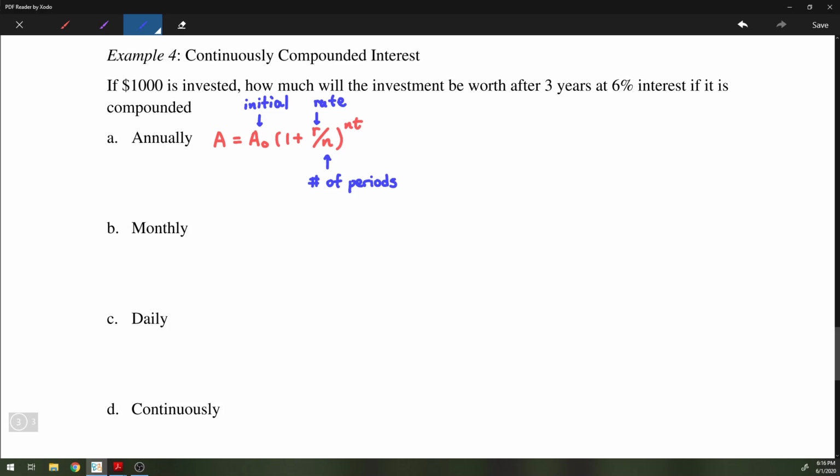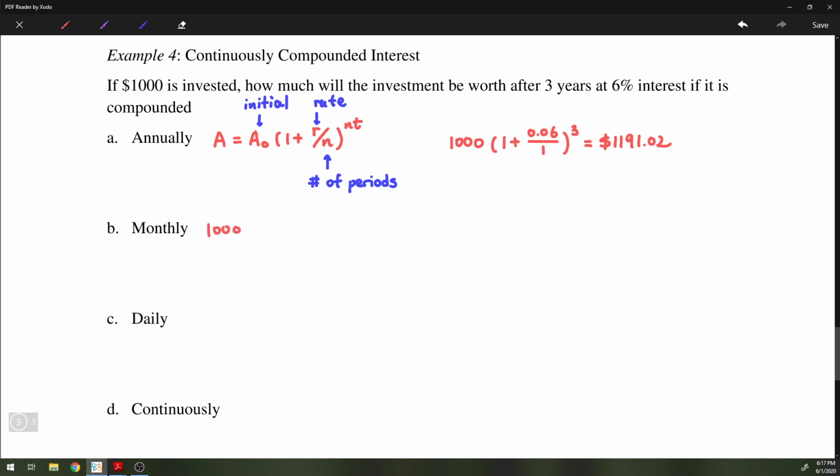Okay, so if we're looking at $1,000 being invested for 3 years at 6%, and it's compounded annually, we simply substitute in: A equals 1,000 times 1 plus 0.06 divided by, in this case, 1, because it's annual interest, and then to the third power. That will give us $1,191.02.